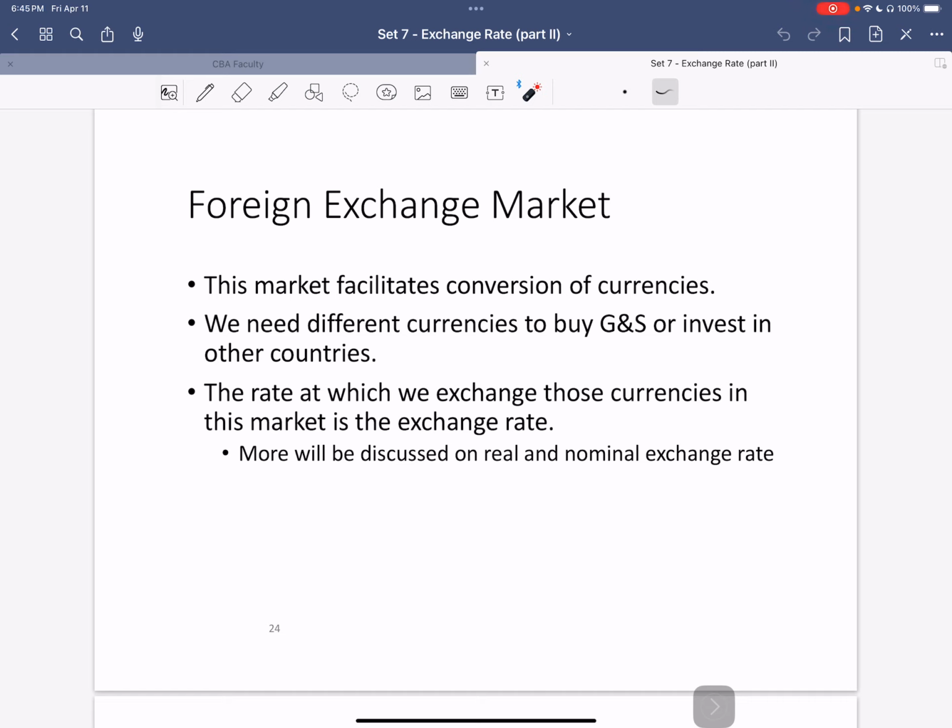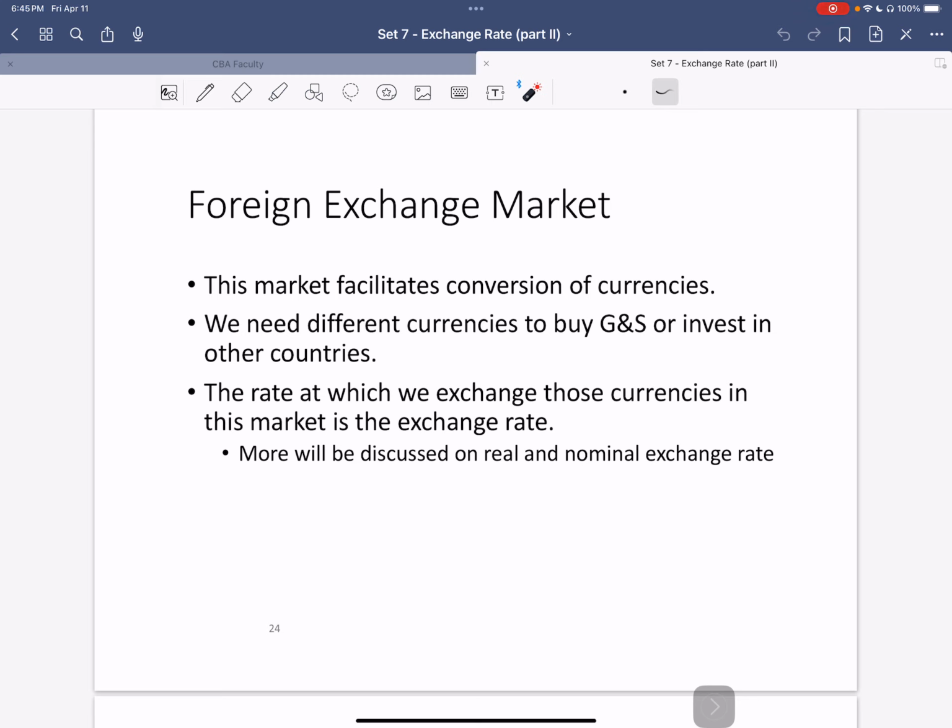For example, if I want to travel to Turkey, I need to exchange my US dollar into Turkey's lira, Turkey's currency, and that happens based on a specific rate.